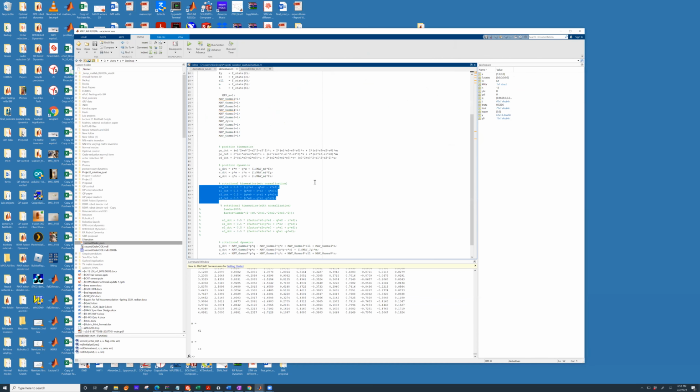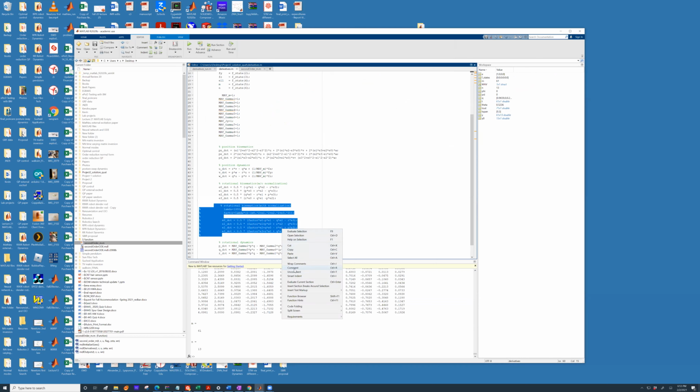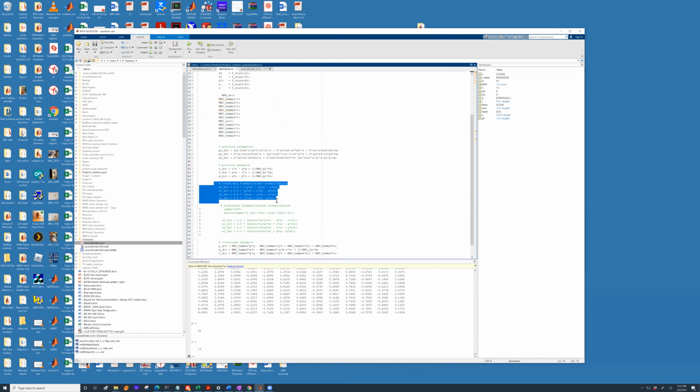Go back to derivatives. Now, can you see that there are equations, rotational kinematics with normalization? That is what we used earlier. Now, I selected all this and right clicked, and then you have comment. I commented that. Then I went back, highlighted these equations, right clicked, and uncommented that. So which means now I'm using the rotational kinematics equations without normalization.